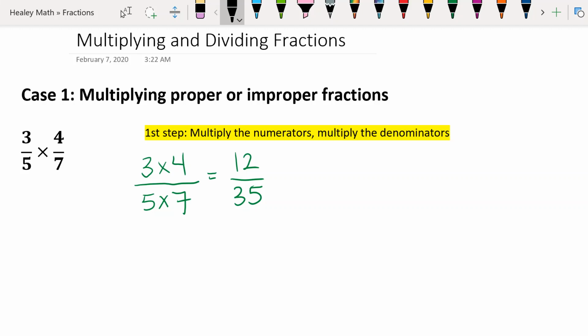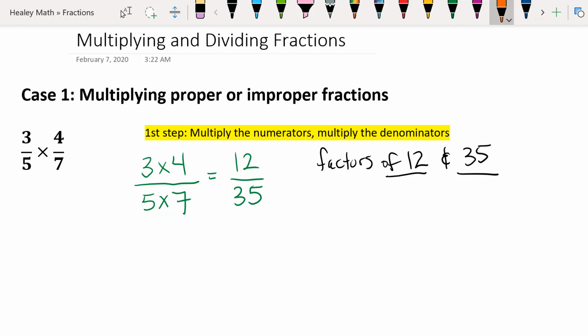So in order to do this, we need to look at what are the factors of 12 and 35. If we have a factor that is the same for 12 and 35, then that means we can divide the numerator and the denominator by that factor in order to reduce.